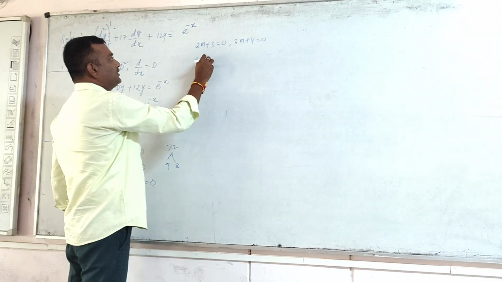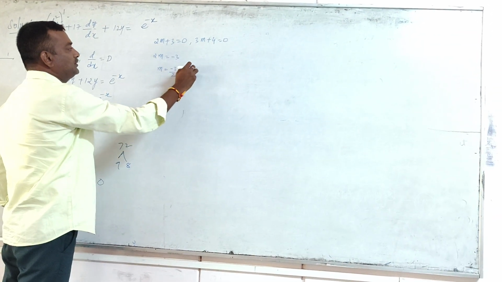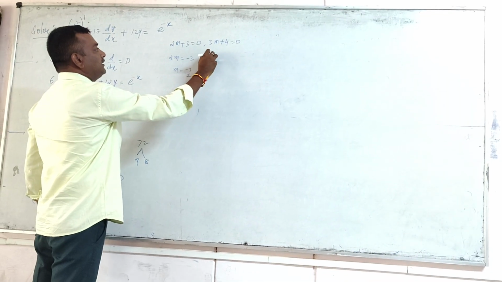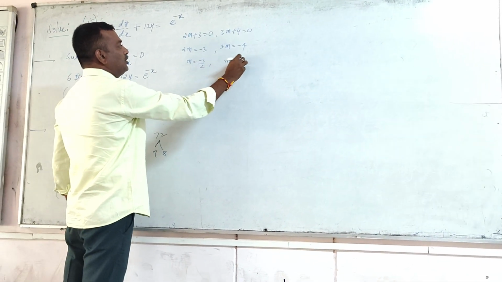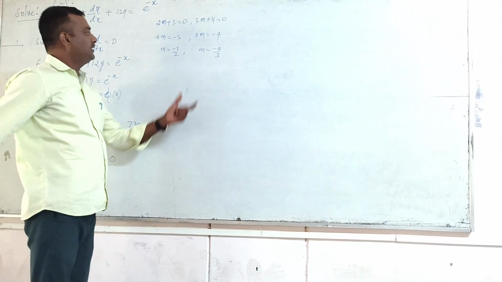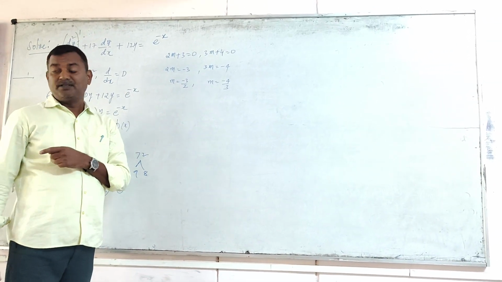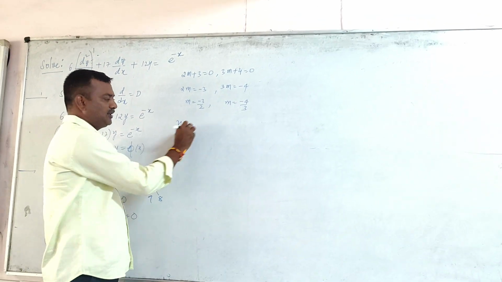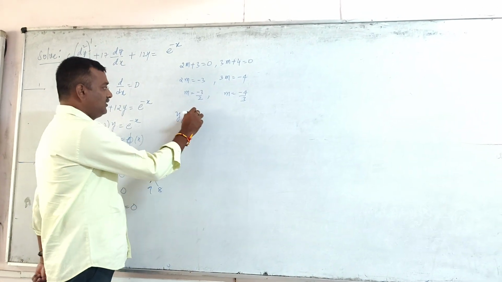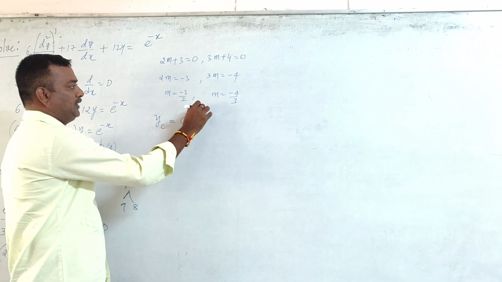You get 2m is equal to minus 3, m is equal to minus 3 by 2. And 3m is equal to minus 4, m is equal to minus 4 by 3. And look at the roots are different. In case of different roots, we write complementary function yc as c1 e raised to first root minus 3 by 2 into x.